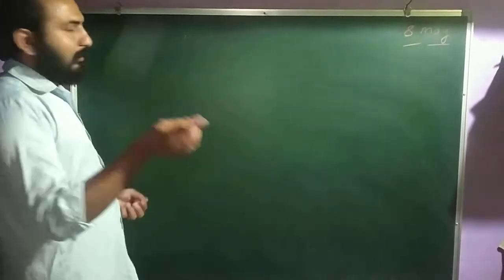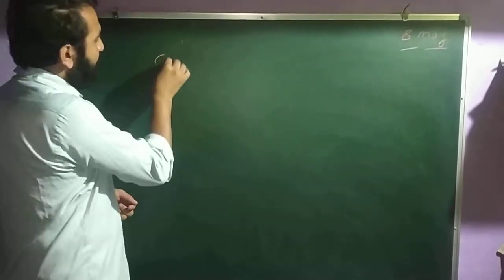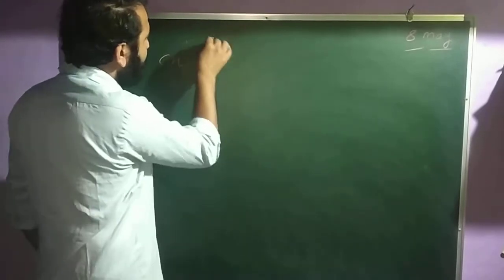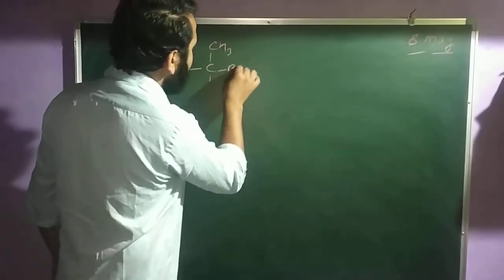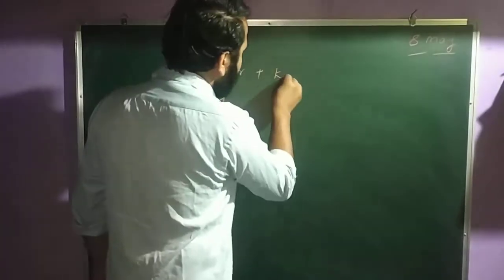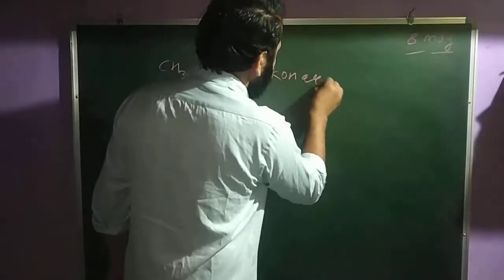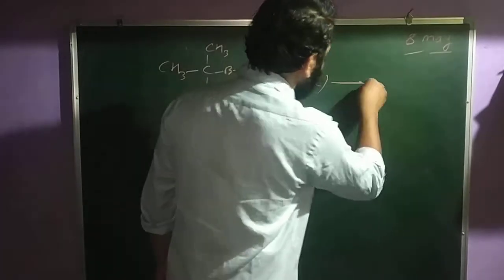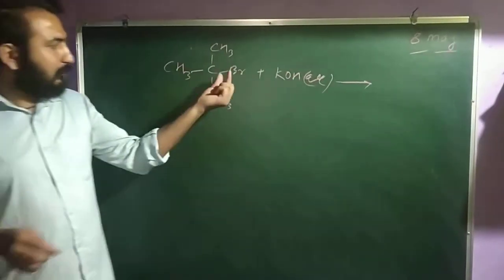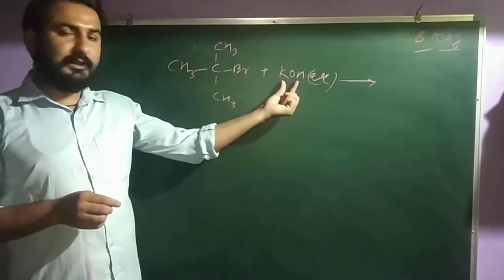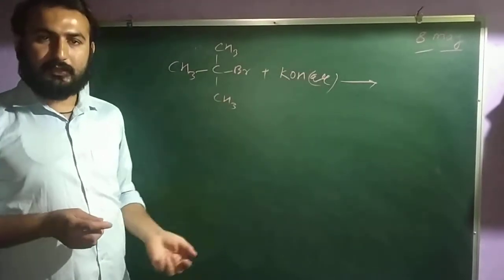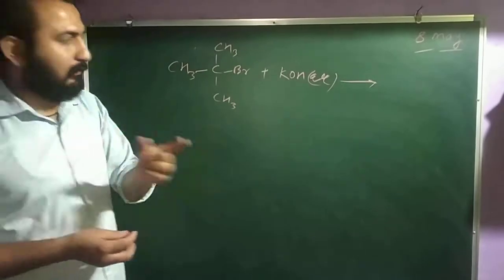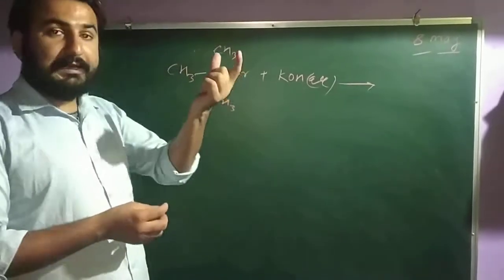So class, third degree haloalkane: you have (CH3)3CBr reacting with aqueous KOH. Clear? This third degree haloalkane reacting with aqueous KOH does not give your corresponding alcohol, it will give an alkene. Clear?